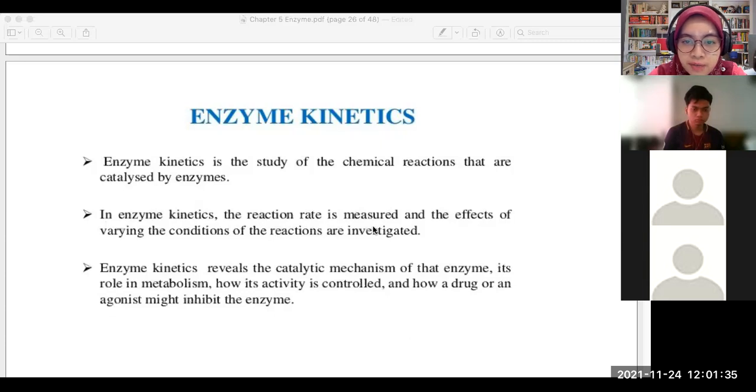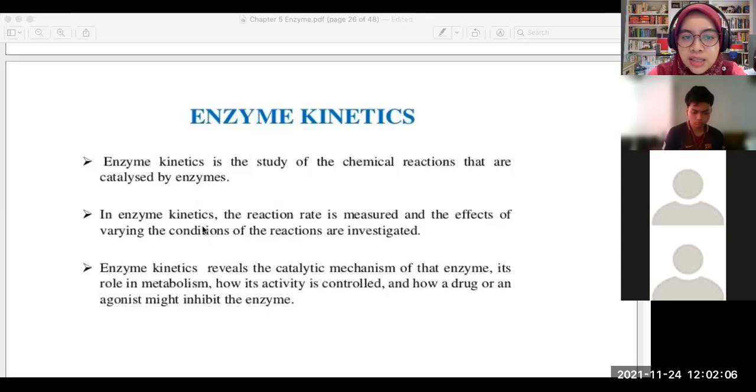The reaction rate. In biochemistry, and in science as a whole, when we talk about rate, it's usually related to time, how fast the reaction can take place. So in enzyme kinetics, we measure how fast or how slow a reaction takes place, the time taken, and the effects of varying conditions of the reaction.